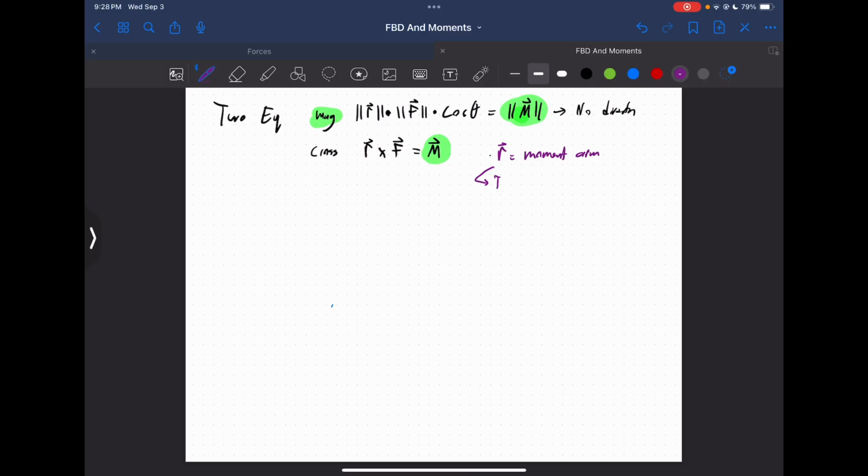So it is the position vector, but that also means nothing, or the line connecting the point of rotation, so the point you choose to sum your moments about, to the point of force application.